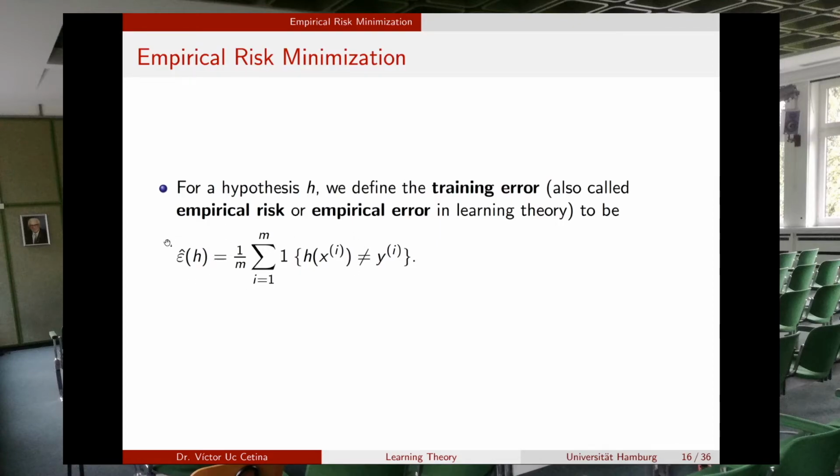We can define this empirical error as the average of the points that are misclassified by this model H. So this is just the fraction of training examples that H misclassifies. If we have 1,000 examples and our H model misclassifies 500 out of 1,000, then we will have 0.5 as an empirical error.